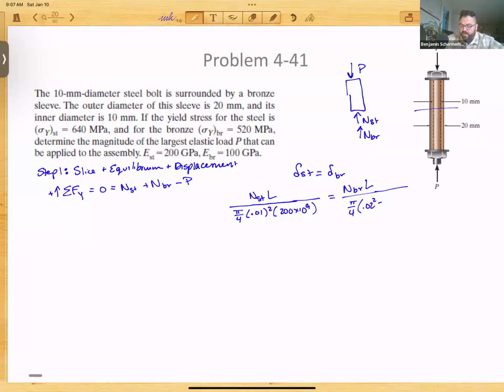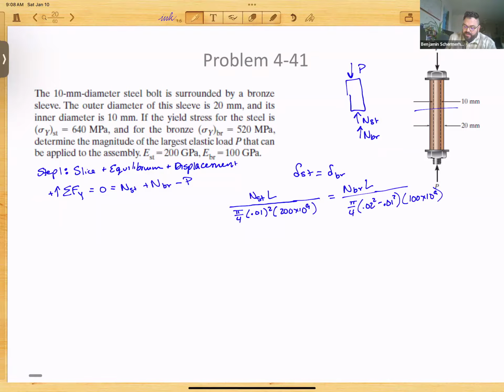So it's 0.02 squared minus the missing 0.01 squared on the inside, and then times 100 times 10 to the 9 for our pascals for our modulus of elasticity. So be careful with the area there, that you're subtracting out the area that isn't there for the particular material, whether it's with the concrete in the first problem or the steel and aluminum in the previous problem.